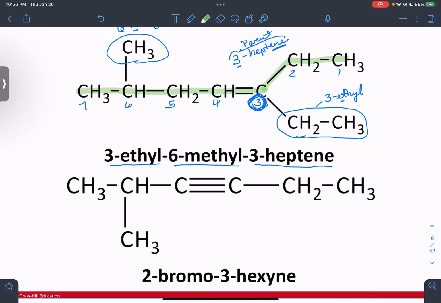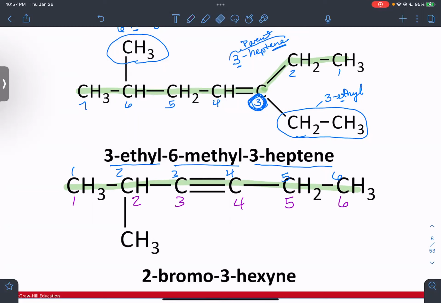All right. Next one. I could start here or here with my parent chain. I'm just going to start with the one on the top, to make it a little easier. We go across until we get to a branch. No branch, we're done. So how do we want to number this? We can go 1, 2, 3, 4, 5, 6, or we could go 1, 2, 3, 4, 5.